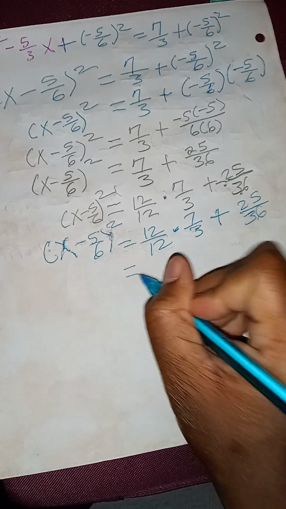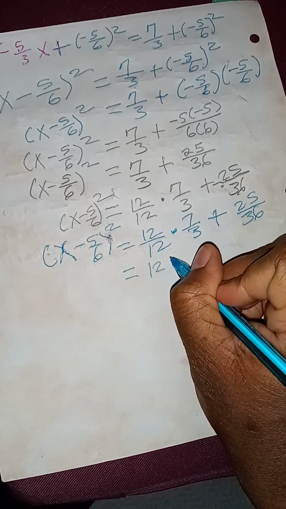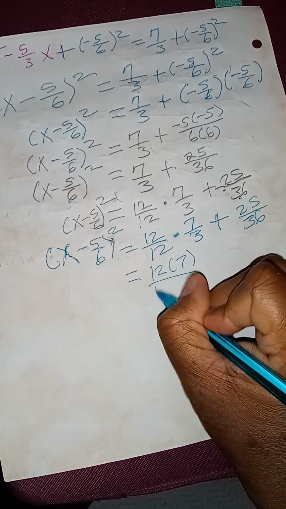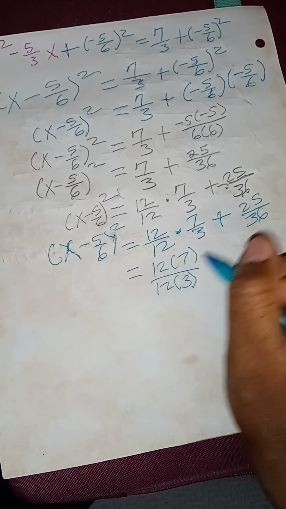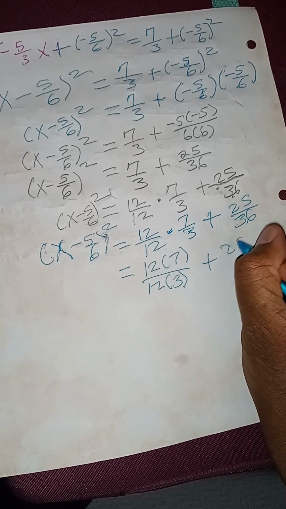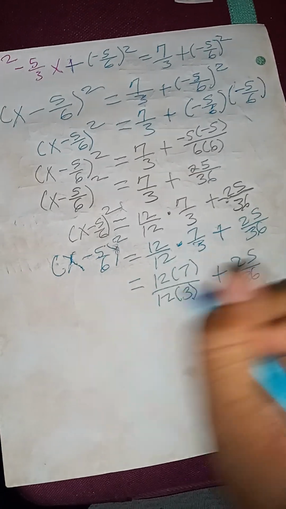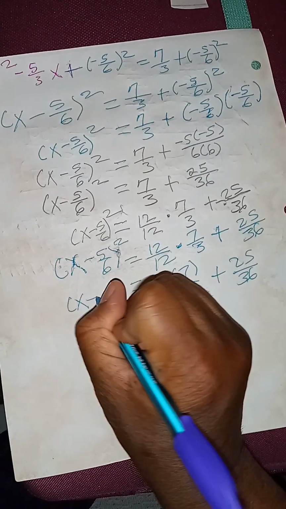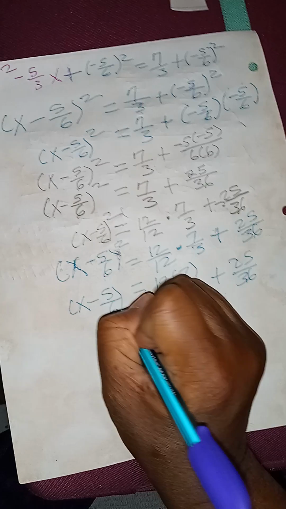And I just rewrote it in blue there. That's going to yield 12 times 7 over 12 times 3 plus 25 over 36 is equal to (x - 5)/6 squared.